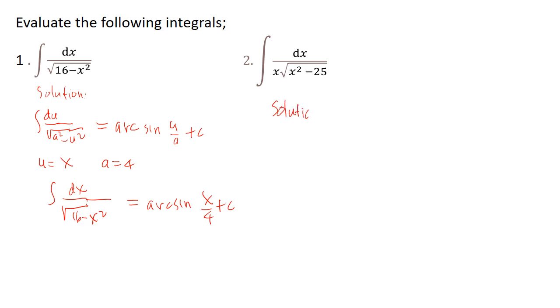So you have the standard form already on this formula. This one belongs to integral of du over u square root of u squared minus a squared.